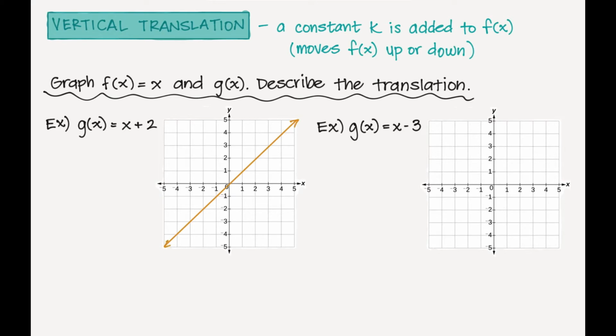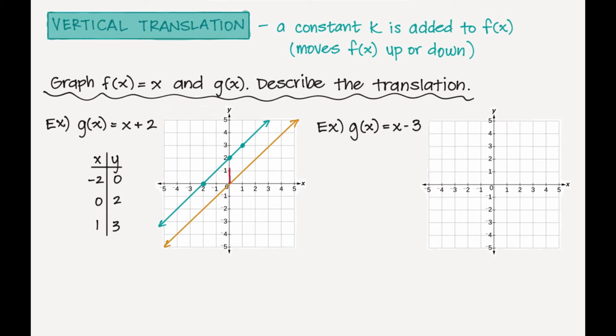This time, g of x is equal to x plus 2. And so I'm going to go ahead and choose 3 points, -2, 0, and 1. And when I plug it in, -2 plus 2 is 0, 0 plus 2 is 2, and 1 plus 2 is 3. So now let's go ahead and plot those 3 points and use my ruler to draw the line going through them.